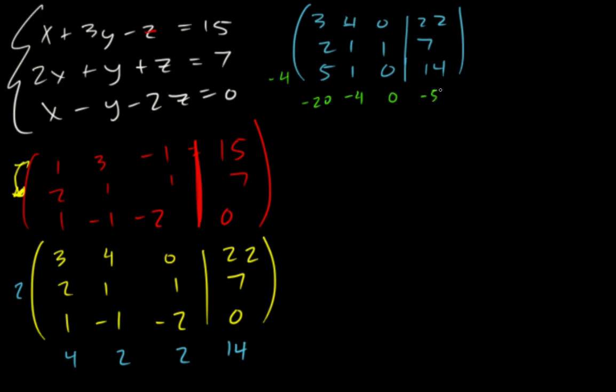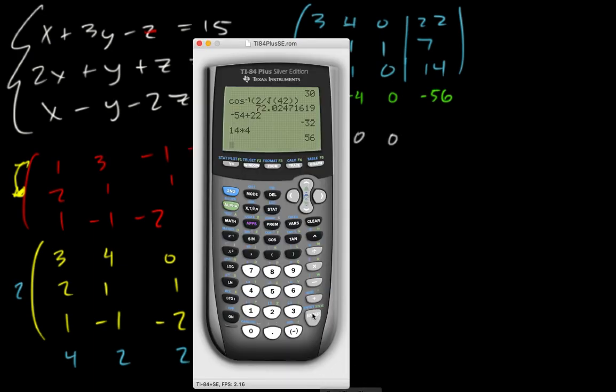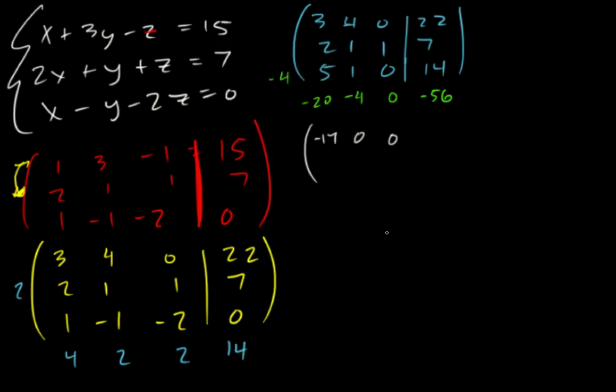So -56. Okay, so we're going to add this to the top row. And let's do -56 plus 22. So we get -34. Okay, everything else didn't change.